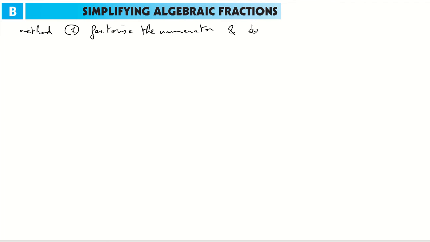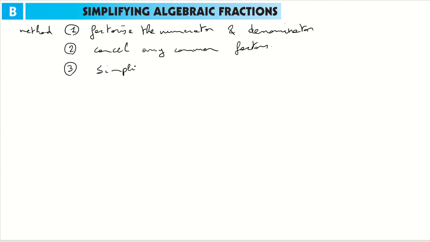If you have common factors, you have to cancel them. So cancel any common factors. And then the last step is simplify the result.